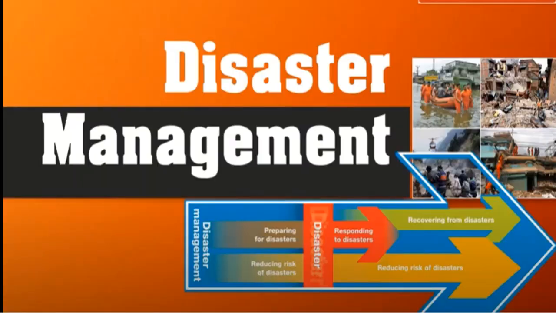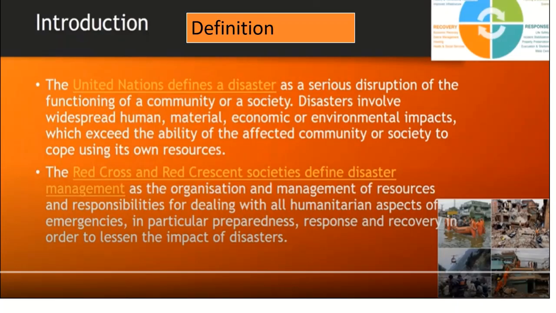Now, what is disaster management? It means preparing for disasters, reducing the risk of disasters, responding to disasters, recovering from disasters, and reducing the risk of disaster. Now, how is it defined? The United Nations defines a disaster as a serious disruption of functioning of the community or a society.